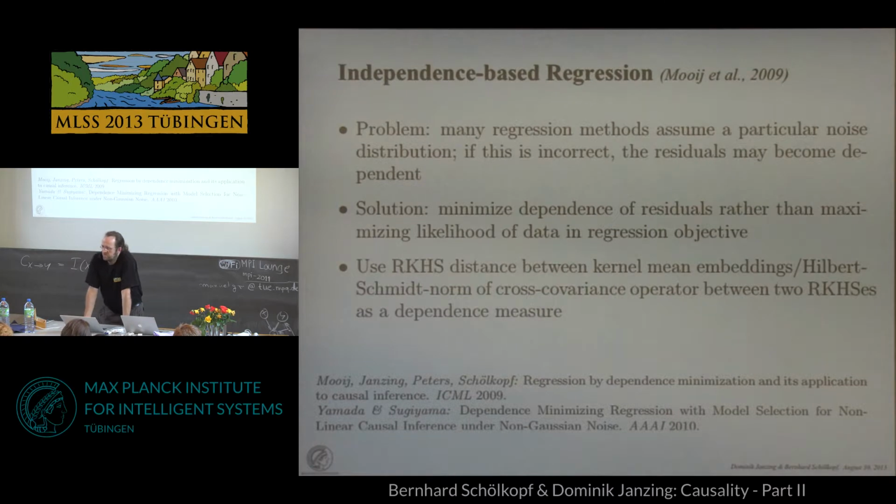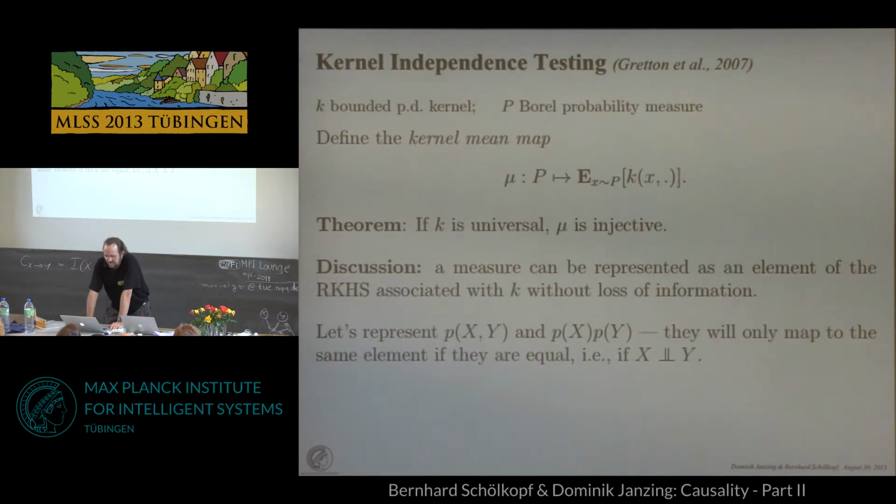But it's closer to doing the right thing, because you really want an explanation where the noises are independent. From the causal point of view, you don't care whether the mean-squared error is small. One can do this using Hilbert space kernel methods to measure dependencies. I will just very briefly mention a little bit of these methods, but not a lot.